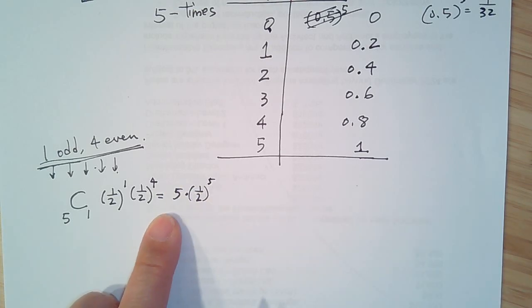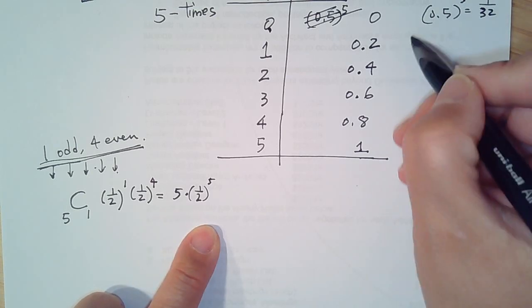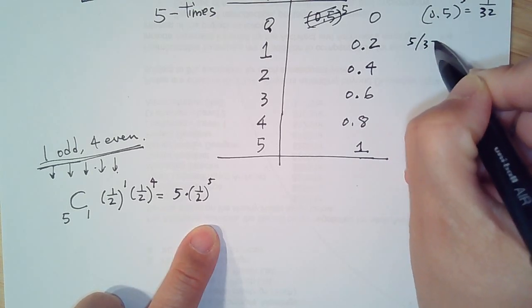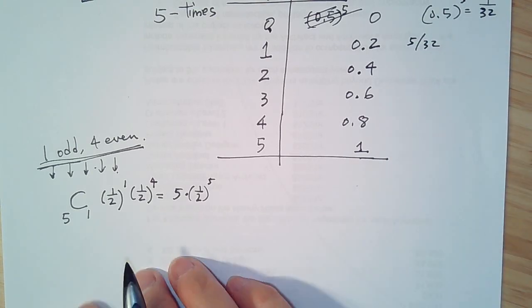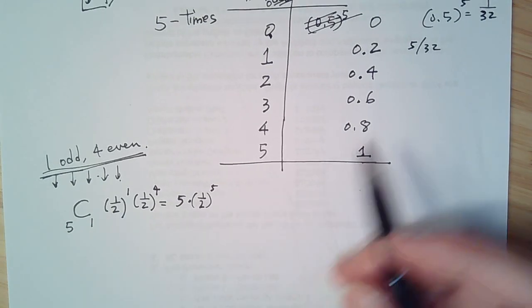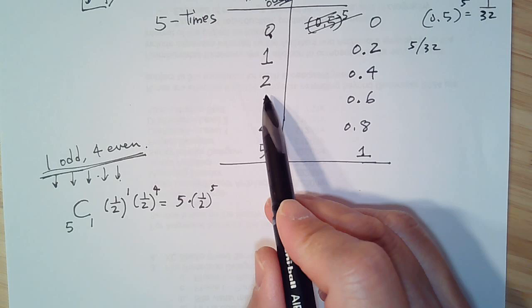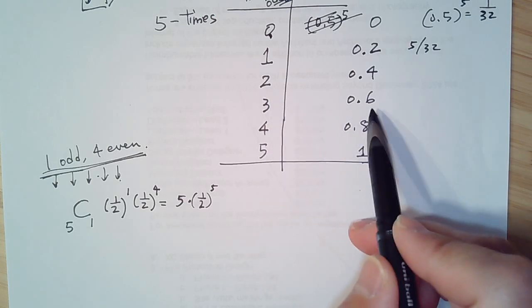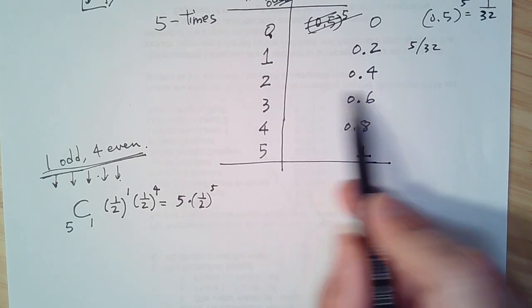So it's 5 times that, so that's going to be 5/32. And the same idea, if you forget, it doesn't really matter, because the next one is what is the chance, how many of them is going to be like this.